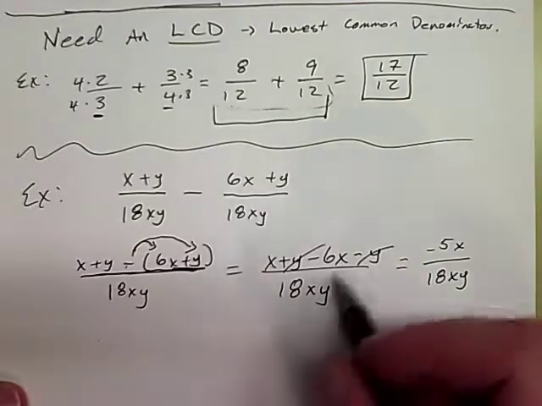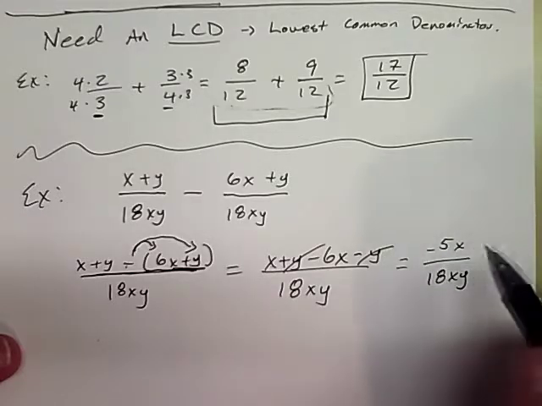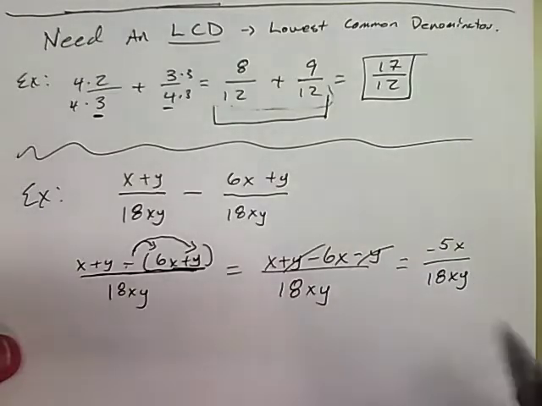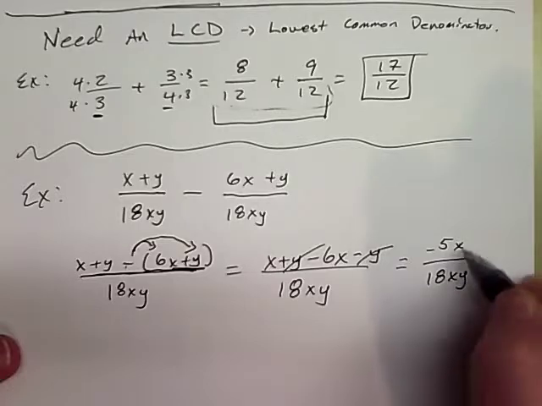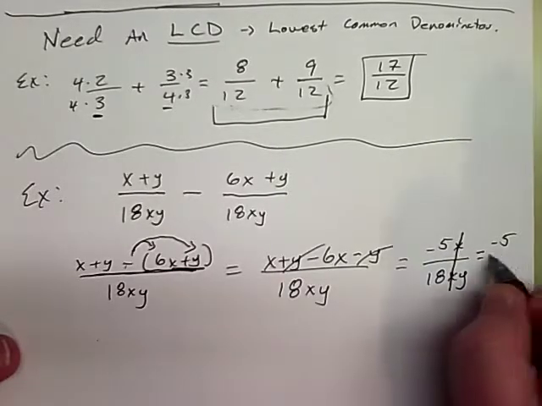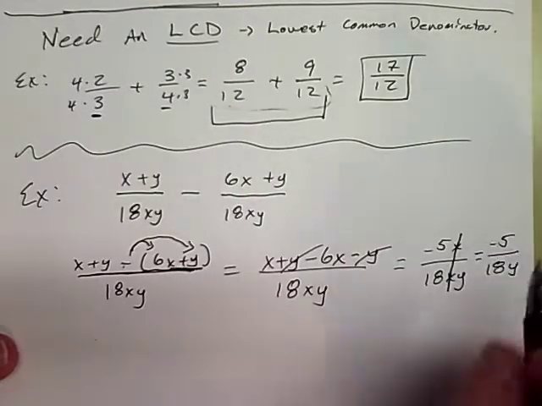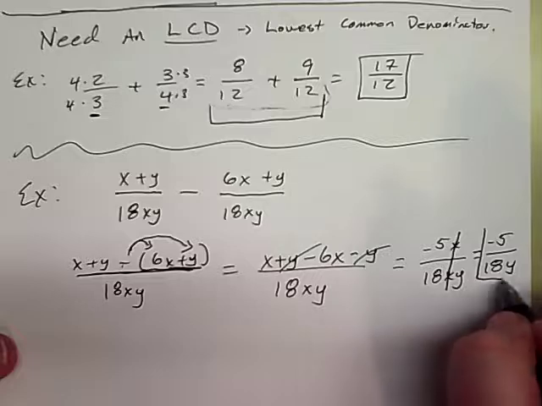Finally, once I've subtracted, the last thing I want to do is check to see if there is anything left over to simplify, back from R1. Here, x divided by x is 1, and now I'm left with negative 5 over 18y. And that is my final answer.